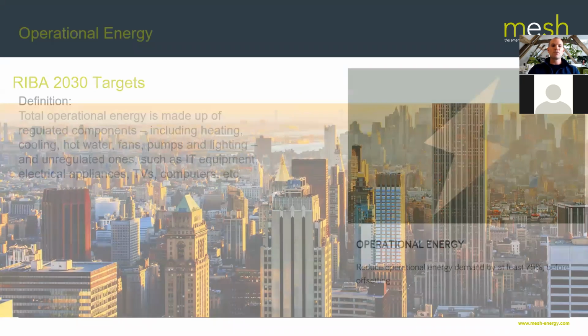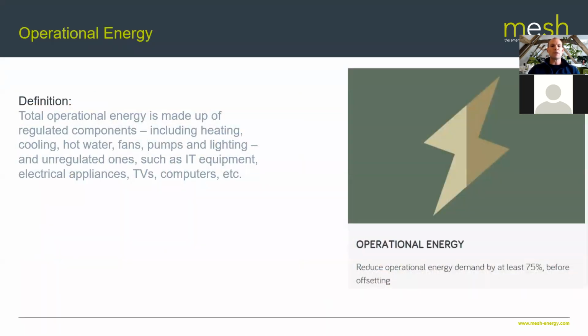By way of a really brief overview, I'm going to focus on two parts of the RIBA 2030. For those who don't know, the RIBA 2030 Climate Challenge is made up of 4 modules: operational energy, embodied carbon, potable water usage, and health and well-being. For this presentation, I'm going to focus on operational energy and embodied carbon, because when you're talking about building fabric, those are the two that are affected most.